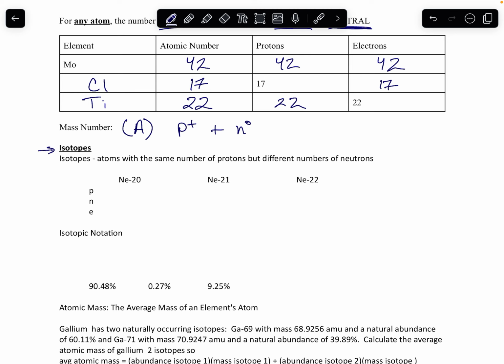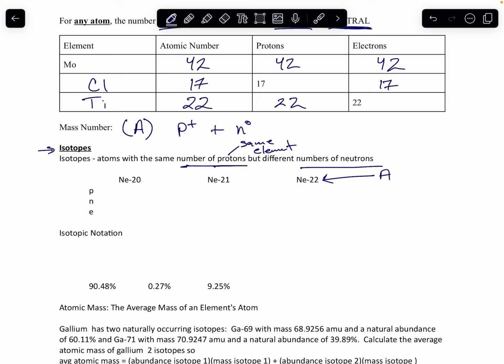That brings us to isotopes. Isotopes are atoms that have the same number of protons, so that means they're the same element, but they have different numbers of neutrons. For example, I've got neon 20, neon 21, neon 22.